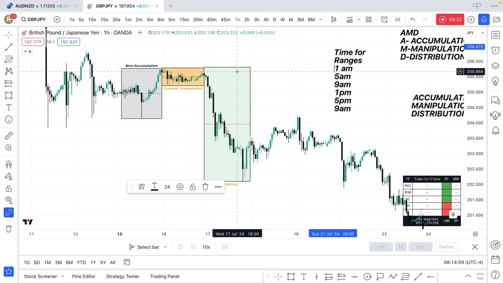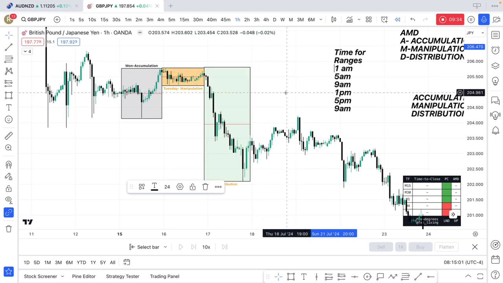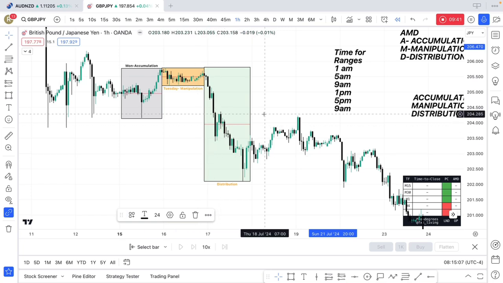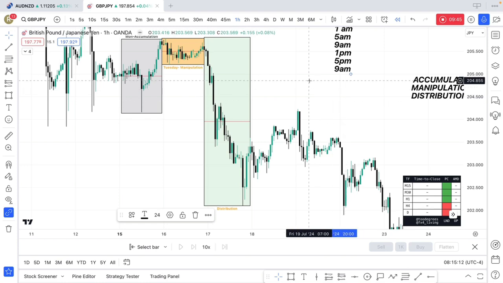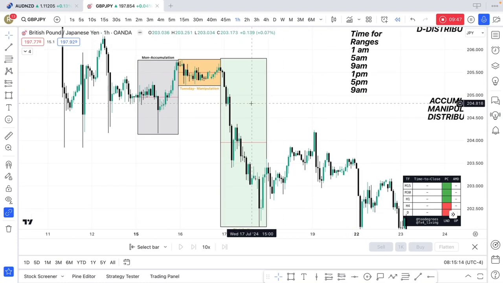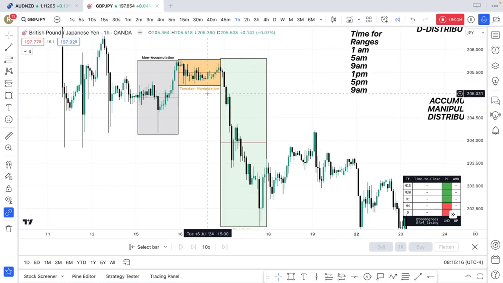But when we want to trade, if you want to trade at 9 a.m., we are talking about the New York session. For 9 a.m., you are going to go into the 1 hour chart and look for your 8 a.m. candle.